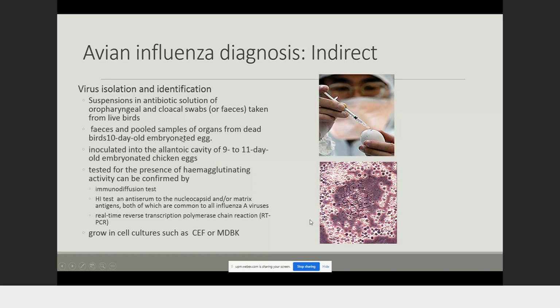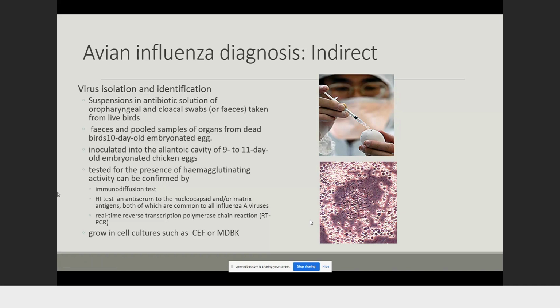From the dead chicken, you can take whole organ samples or feces, and you inoculate the samples into the allantoic cavity of 9 to 11 day old eggs, and you do the rapid HA test, and you need to accompany it with confirmation of the allantoic fluid sample.